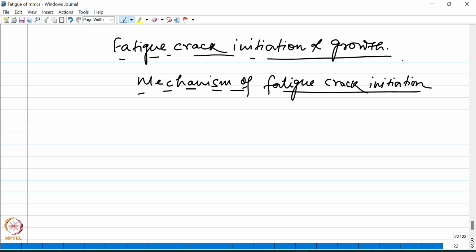So if you talk about particle reinforced MMCs, fatigue cracks can initiate in the matrix or at the particle matrix interface.